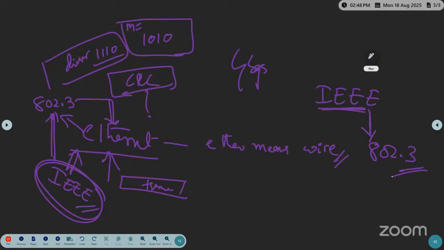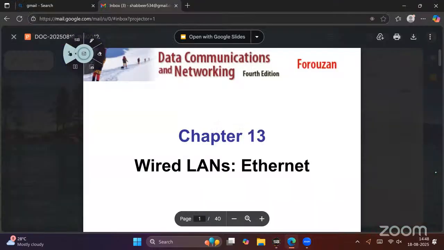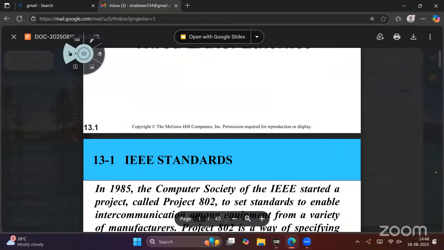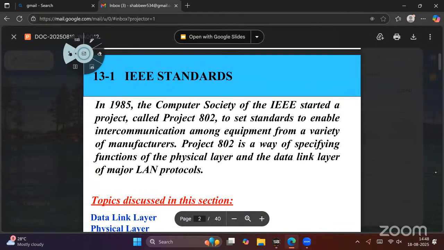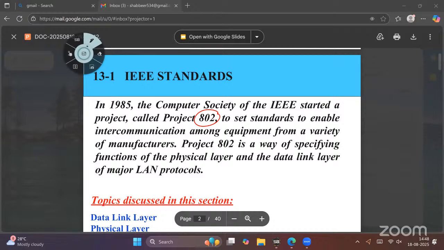This is the family of 802.3. The 802 project started in the year 1985.